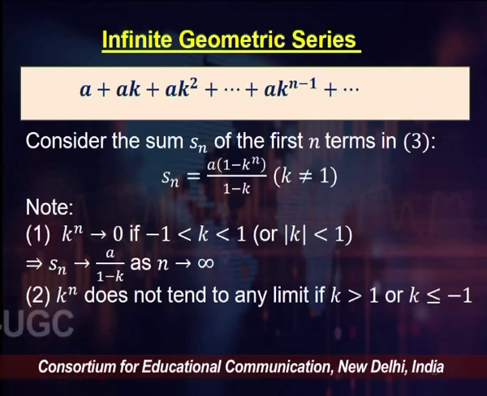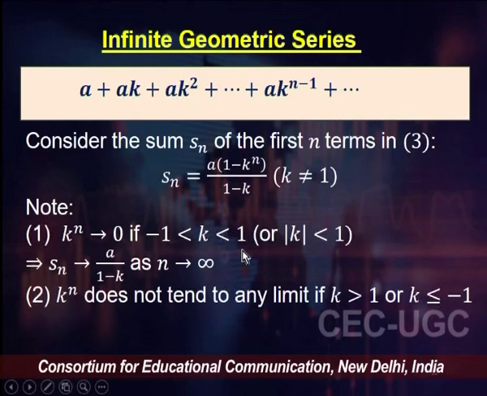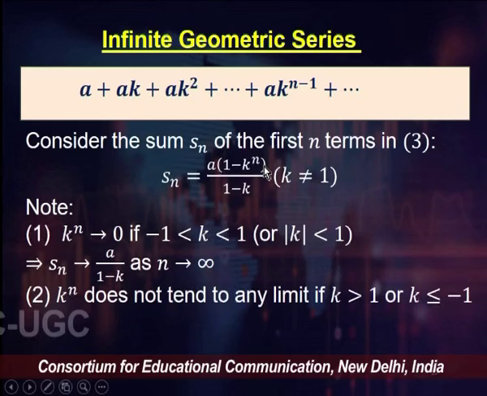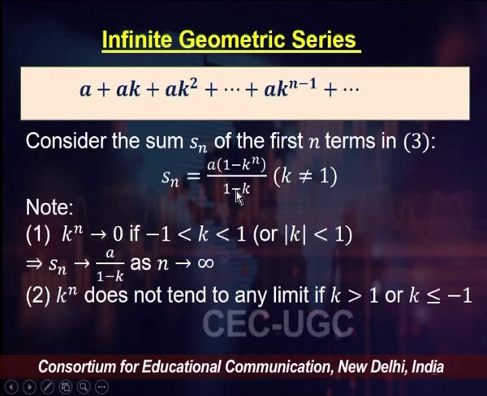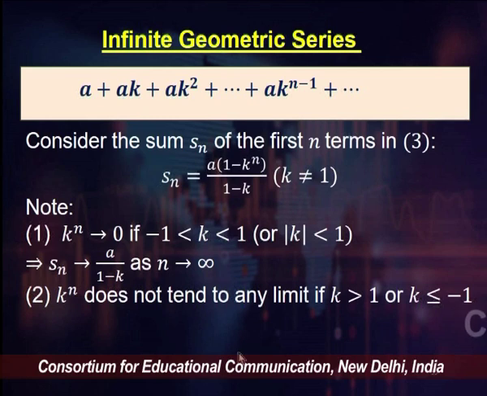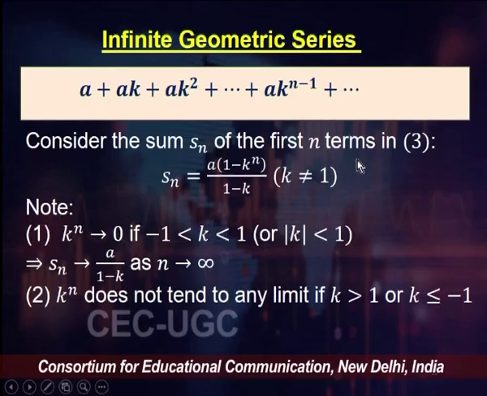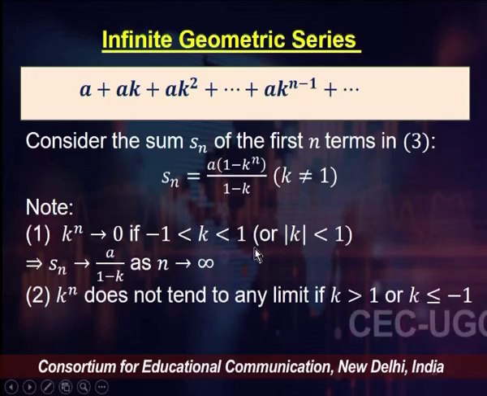So, the result we get here is that as long as k lies between minus 1 and 1, in that case k to the power n will tend to 0. So, our sum is a finite sum which is tending to a upon 1 minus k as n approaches infinity. So, if we want to get a sense of what this infinite sum means, this case would work quite clearly.